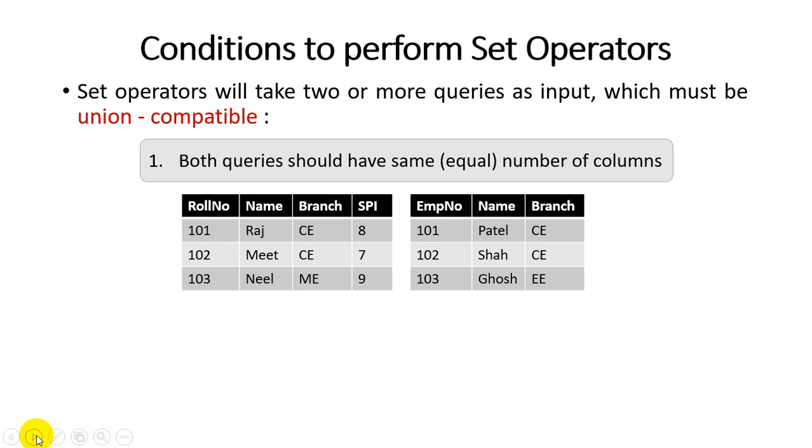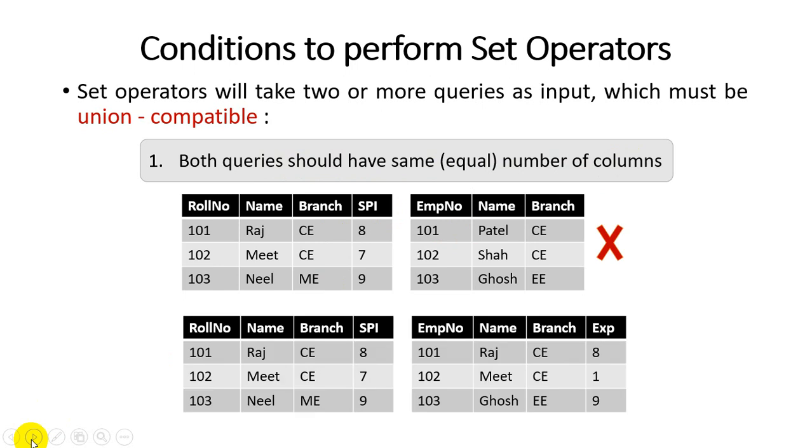Say, in the first table there are four attributes, and in the second table there are only three attributes. So it is not union compatible, because two relations are union compatible if and only if both queries have the same number of columns, and this condition is not satisfied.